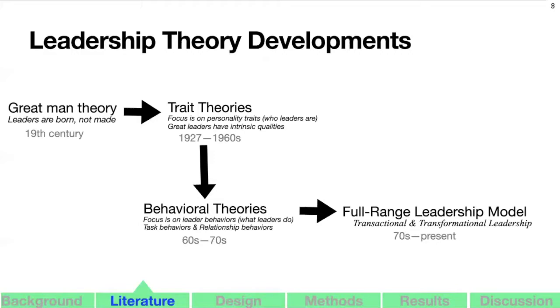It evolved from the behavioral theories. And in the full range leadership model, there are actually three leadership styles: laissez-faire leadership, transactional, and transformational. We all know that transformational leadership today is a leadership style that is mostly investigative.